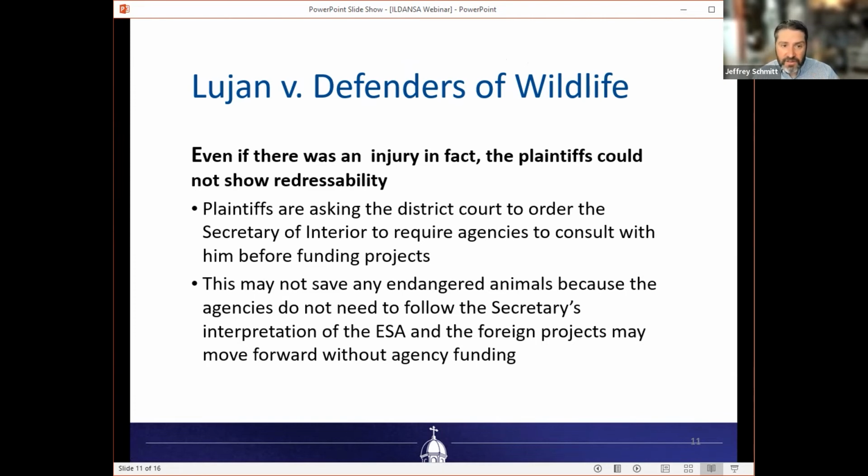There's nothing the court could do about it, because even if the US government stops funding these development projects, say building a dam in Africa or something like that, those projects might continue overseas from the foreign government, right? Even if the US government pulls out funding, those animals might die anyway. So the court says there's nothing the court can really do about this that would affect the plaintiff. So this plaintiff is not the right plaintiff to bring the lawsuit.